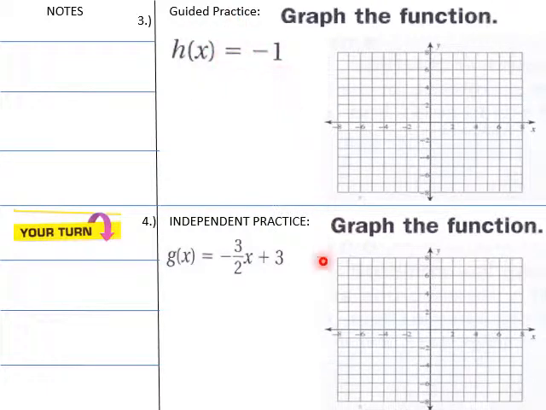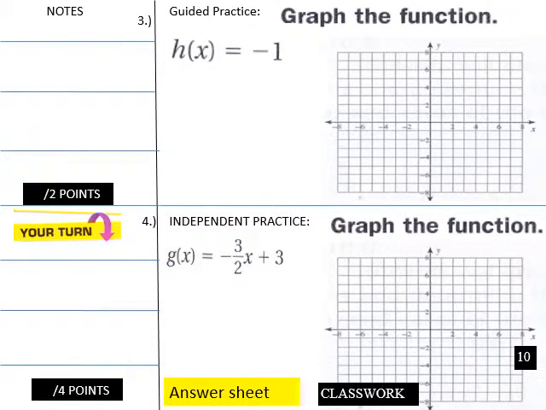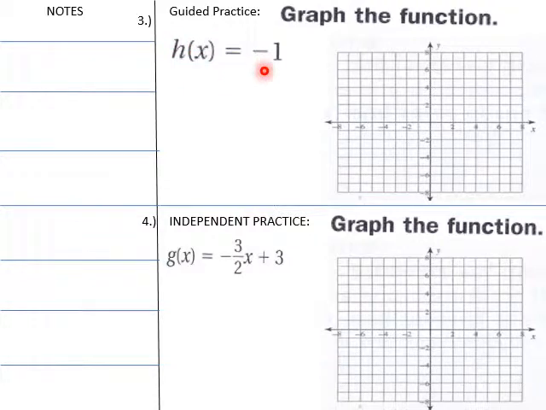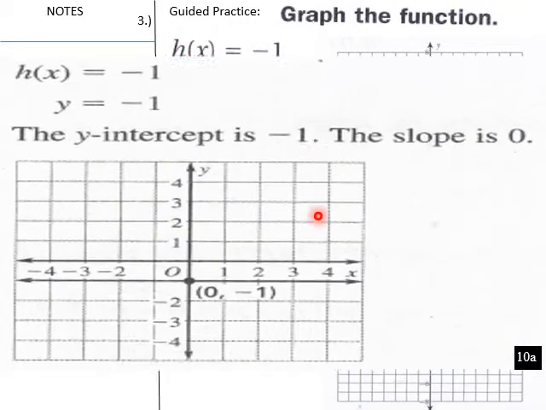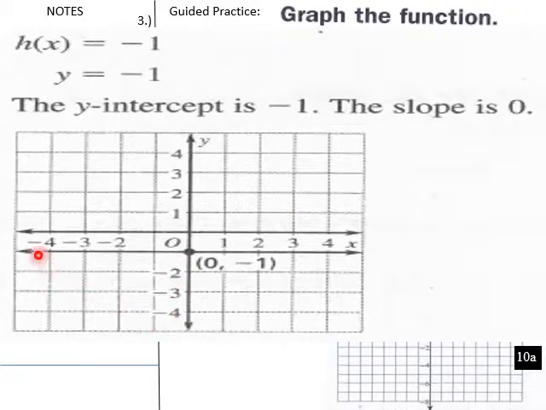Okay, graph this function here: h of x equals -1. Students, this is yours down here. Let's do our guided practice first. What does the graph look like for h of x equals -1? It would be right here. When h of x equals -1, in other words, y equals -1.